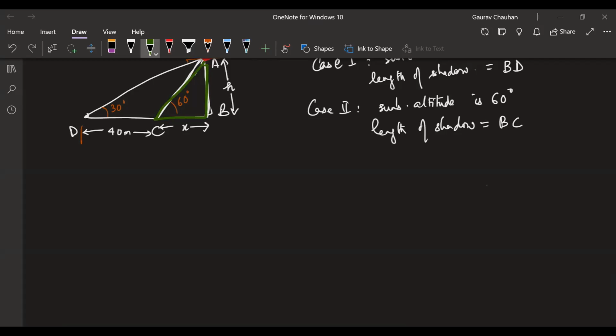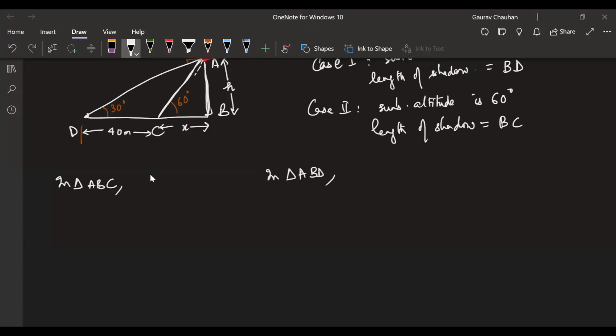This is the first triangle and this is the second triangle. In triangle ABC, one equation is possible, and in triangle ABD, one more equation is possible. Everyone with me so far? Can I get a thumbs up on screen if you're with me so far? I need to make two equations for two variables, and that is what will give me the final answer.